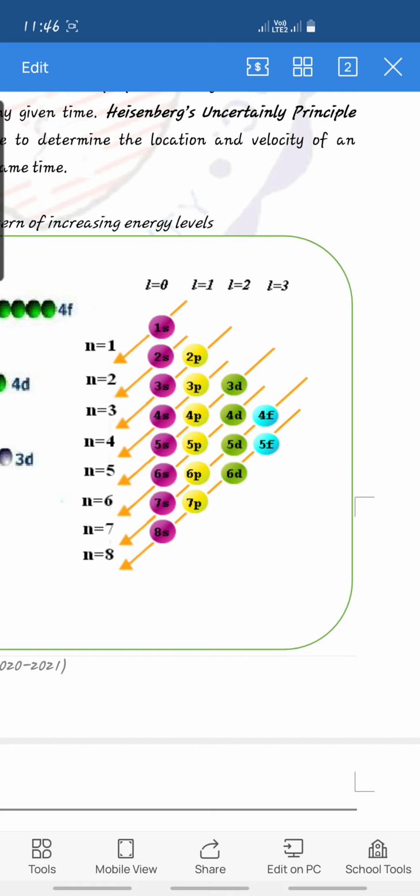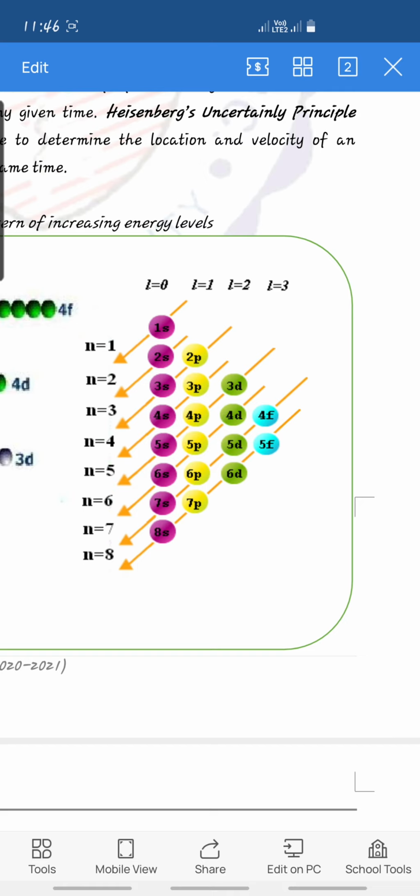So since magsasobra siya, if you can use a 6 in the principal or in the last one, you can use 5. Pwede siyang ipababa. Pwede mong ipababa yung electrons in a certain energy, pwede mo siya ipababa in a certain electronic configuration. So from 6 pwede mo siyang gawing 5.